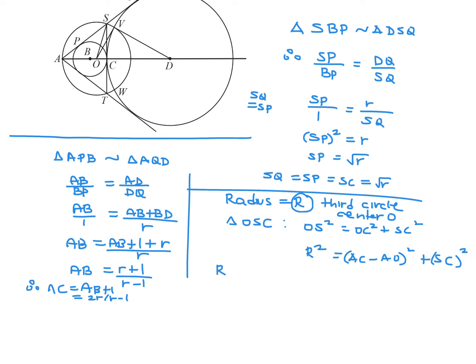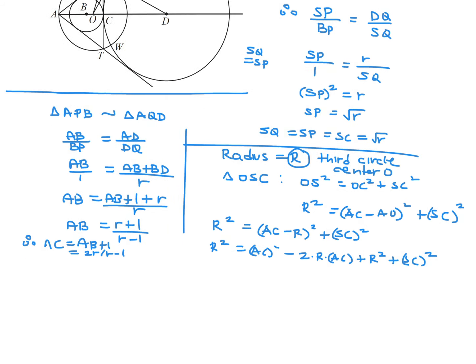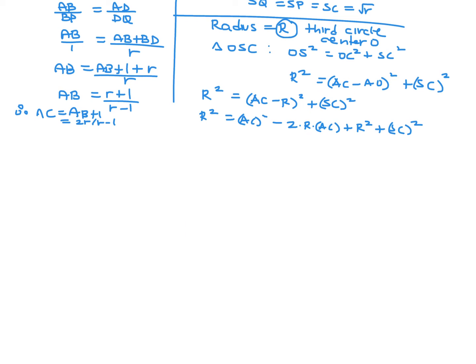And then R squared, therefore, is AC minus AO, and AO is also R, all squared, plus SC squared. And when I expand this, I will have AC squared minus 2 times R times AC plus R squared plus SC squared. Okay, so now let's see if I collect like terms.